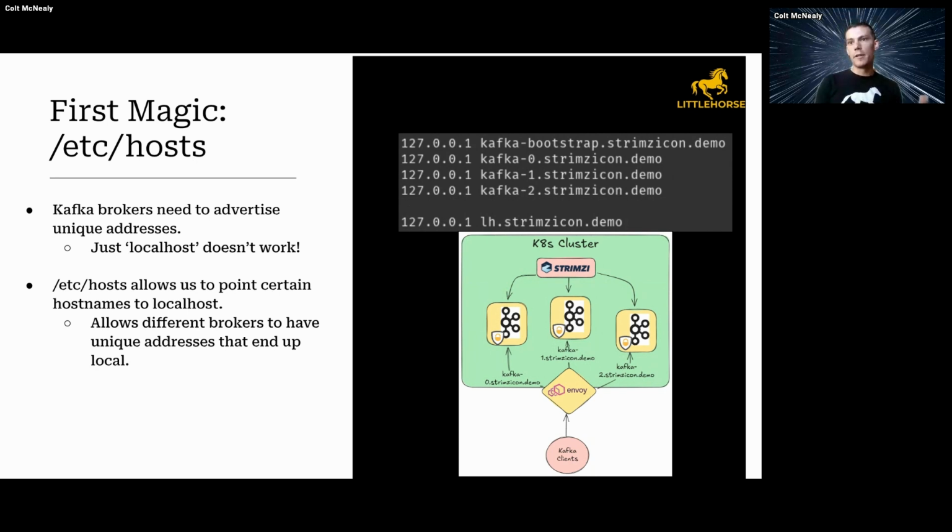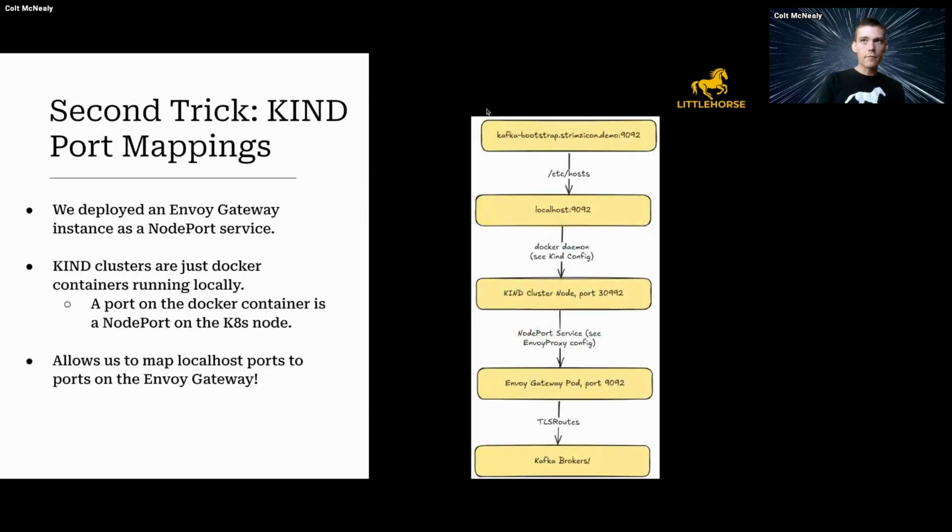So we have to configure Kubernetes services and node ports and so on and so forth so that we can actually talk to the Envoy Gateway. And in this demo, we've got a couple listeners. LittleHorse is listening on gRPC. I have a dashboard listening on HTTP, and then Kafka is listening on the TCP TLS protocol. So we do a little bit of magic, and in fact, I also wrote a blog on the Strimzi website to discuss how this works.